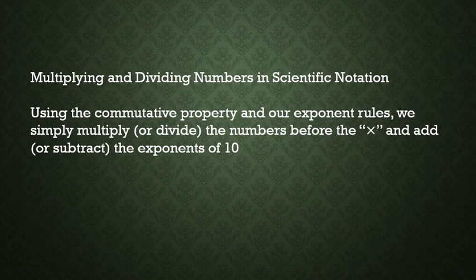So you do this using the commutative property of real numbers and our exponent rules. We simply multiply, or we divide, in that case, the numbers before the multiplication symbol, and then we add the exponents if we were multiplying, or we subtract the exponents if we were dividing. We add or subtract those exponents of 10.